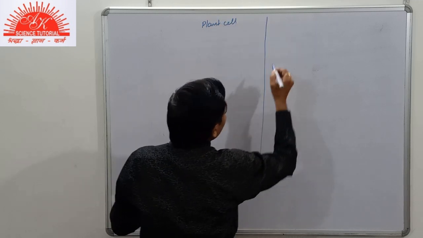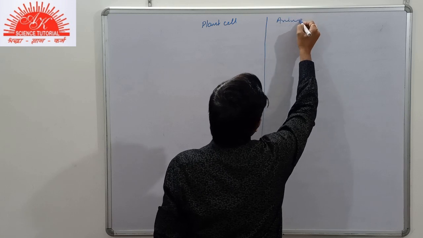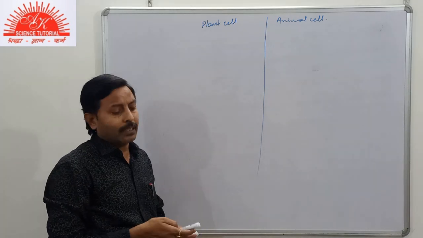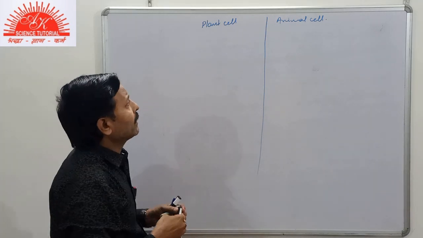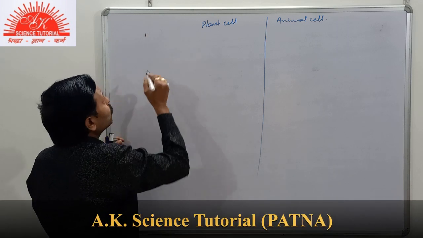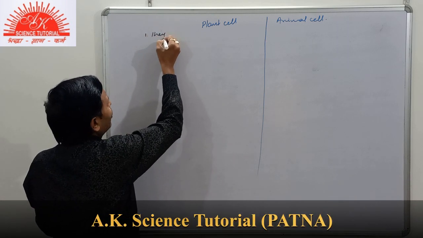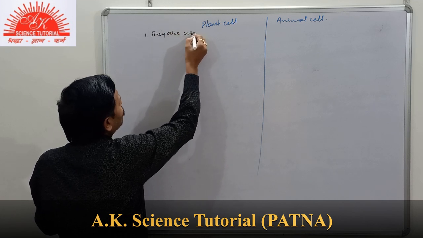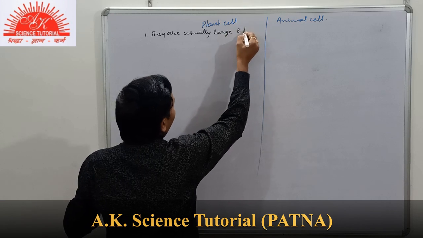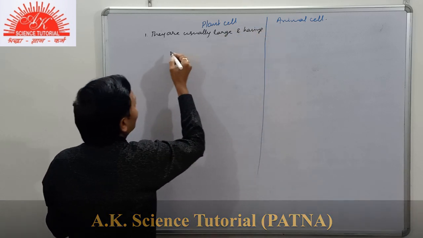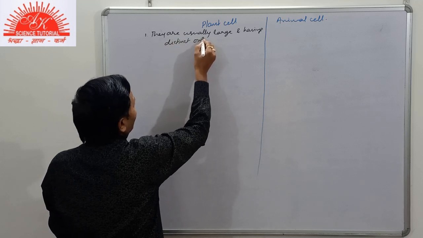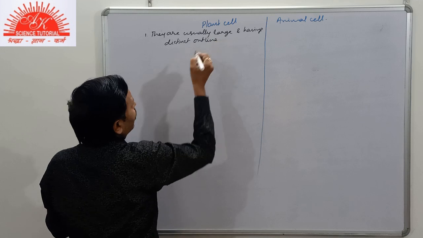As a first point, we see that plant cells are usually large and having distinct outline, that is the boundary.